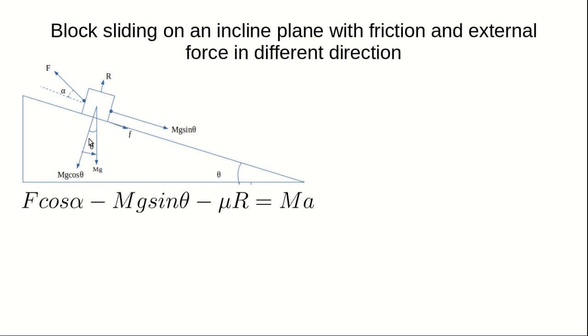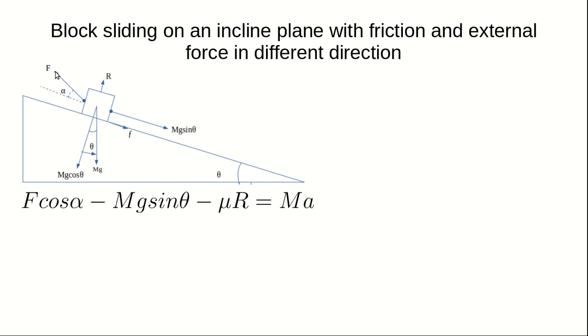If we resolve along the vertical, you discover that there are three forces in this direction. R is one of them, mg cos theta is one of them. Then the force F, resolved vertically, is pointing upward. So the vertical component is F sin alpha.